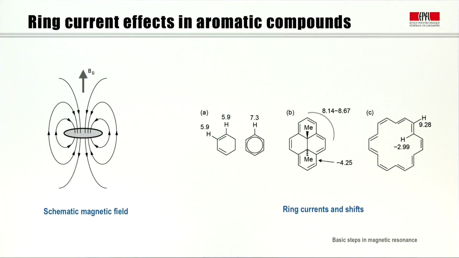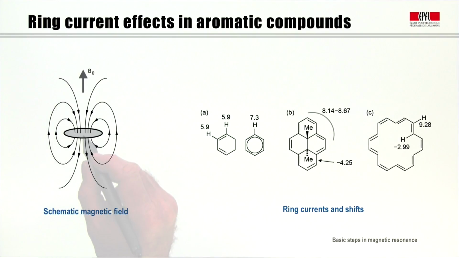to aromatic compounds. You see in the scheme here, this ring is supposed to represent a benzene ring, or in fact any aromatic ring. You see that the field induced by the electrons that circulate in this ring is opposite to the external field.